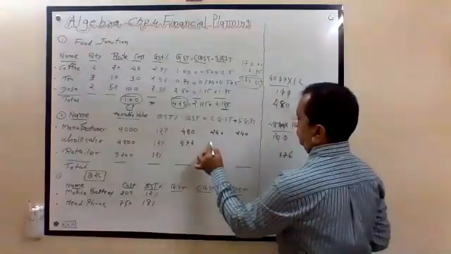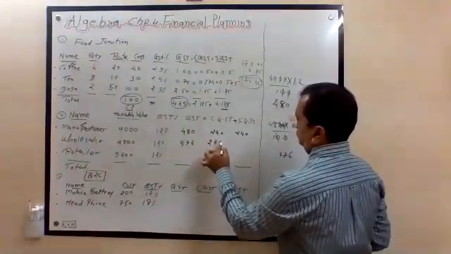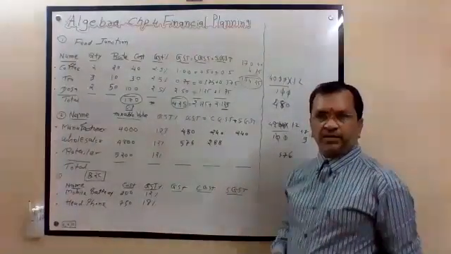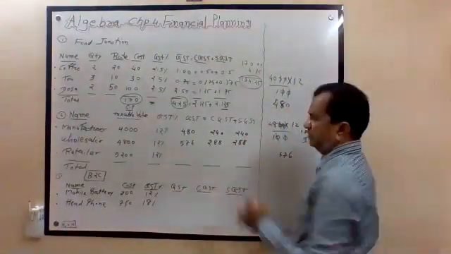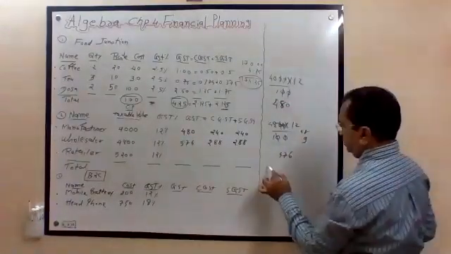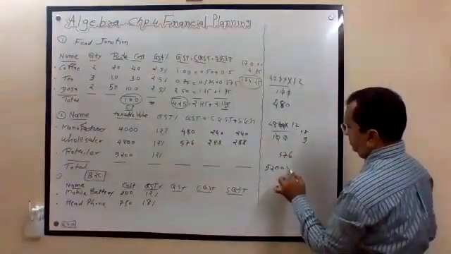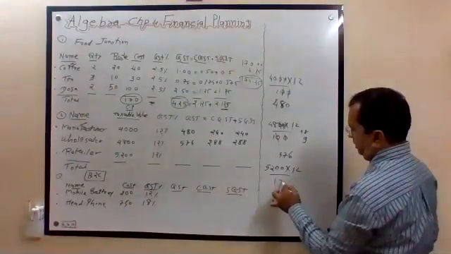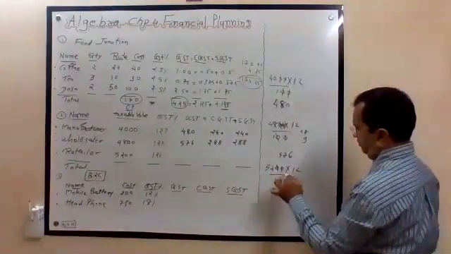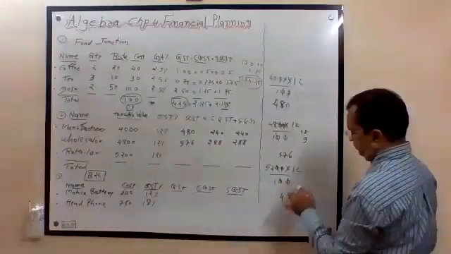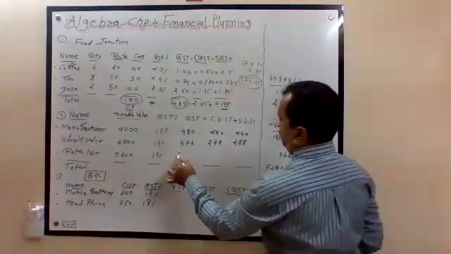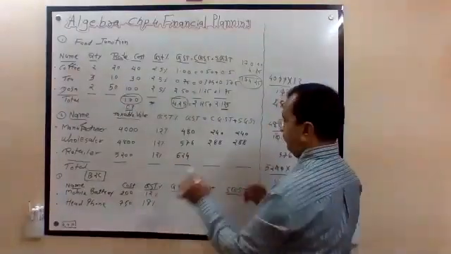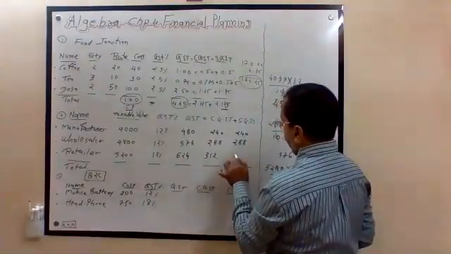Half. Two eights is the half. Correct. Now this 5200 and 12% by 100. 12 twos are 24, 60. So 624. Half, 312.